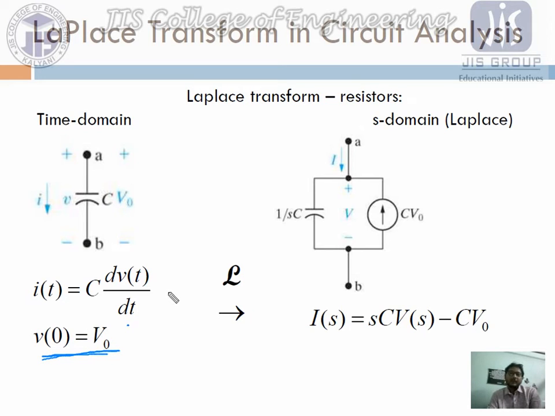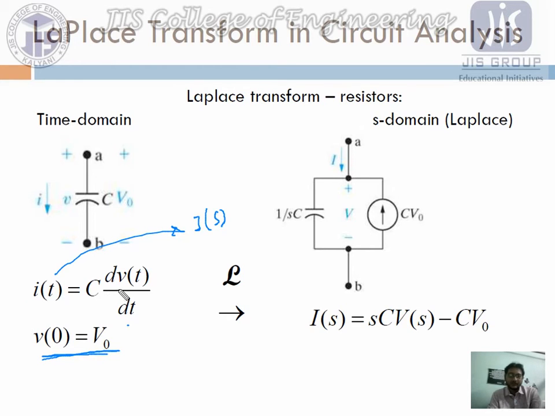Similarly, for time domain to S domain analysis, we have to take the Laplace. Again, I of t has the Laplace I of S. C, the capacitor, is independent of time, so there is no change.